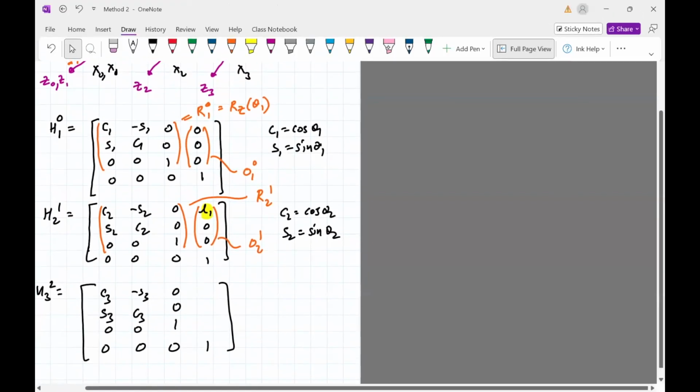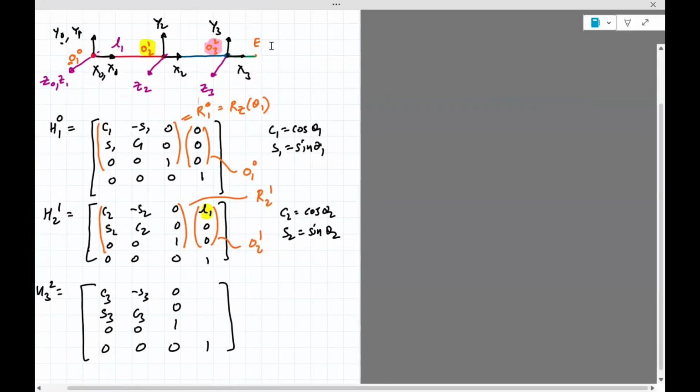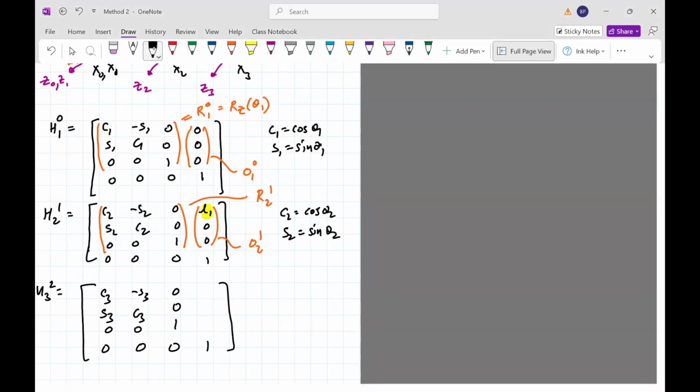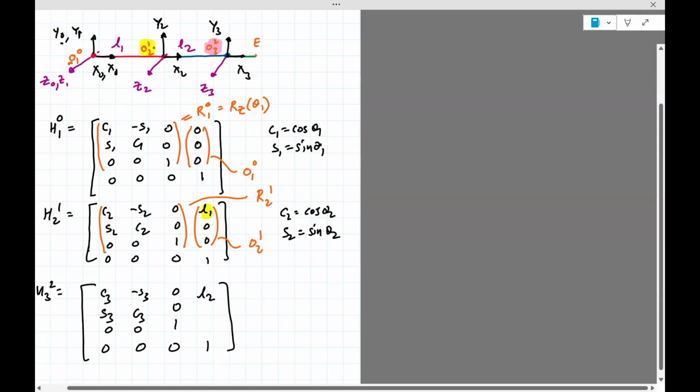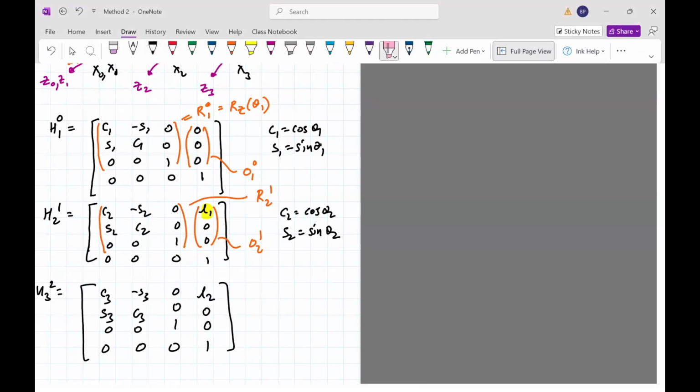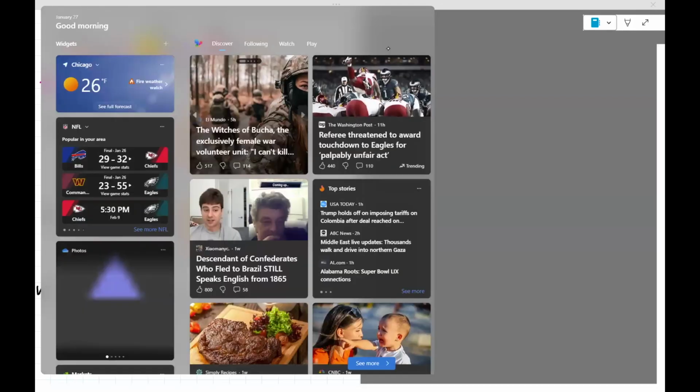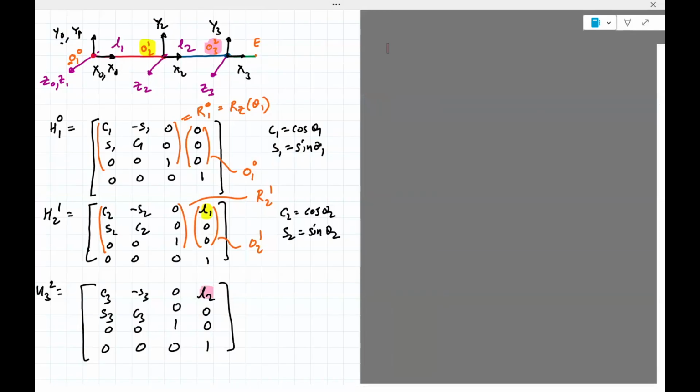We know that the distance is L2. So I'll write just L2, 0, 0. The L2 is because that's just the local distance. We are finding the local distance because this is O3 with respect to 2, right?